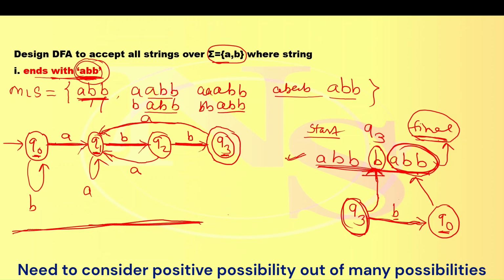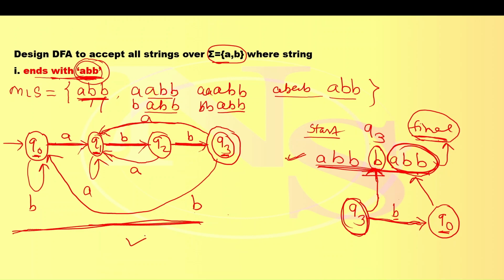So Q3 to Q0 for symbol B. And there is a path for A as well as B from Q3. Hence Q3 is also deterministic. All states are deterministic. Hence this complete automata is a deterministic finite automata.